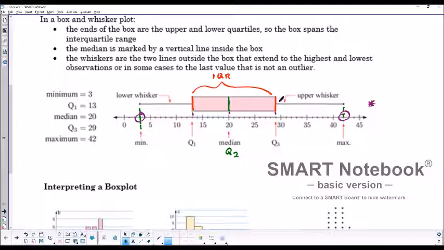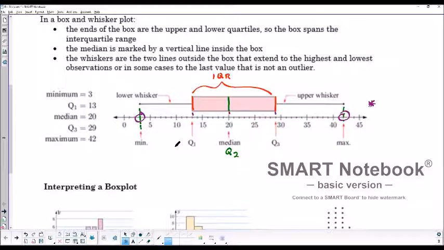When you look at this, the 50% of the data in the middle is going to be in this box. So it shows you a good sense of where the data is, from 13 up to 29. The maximum is up to 42, and the minimum goes all the way down to 3.